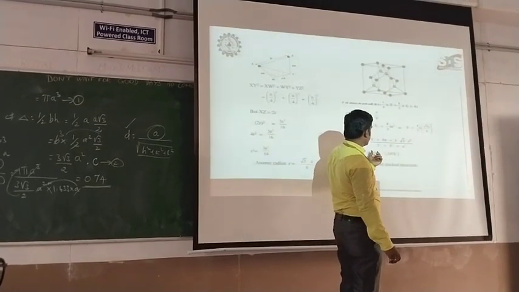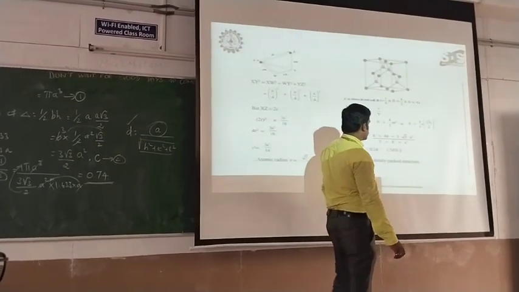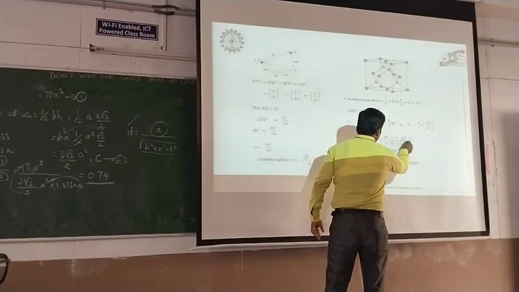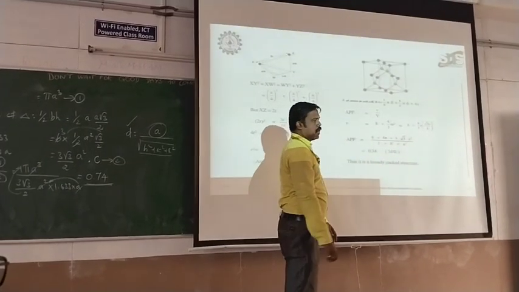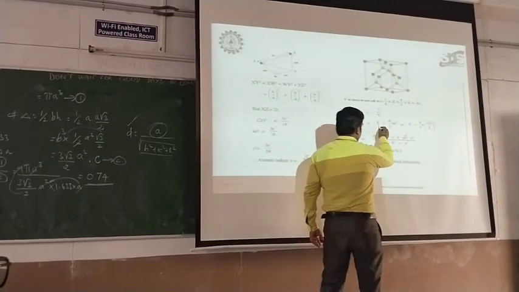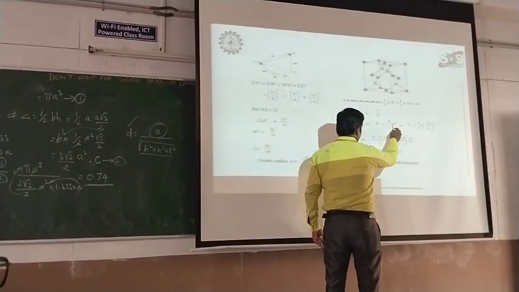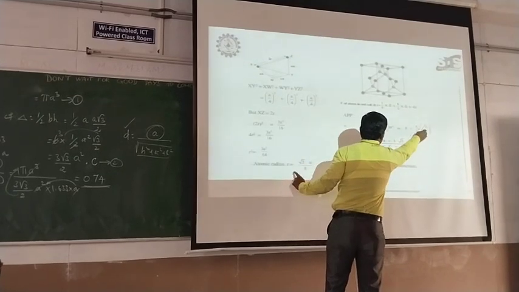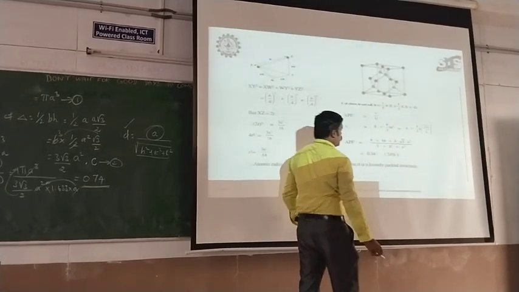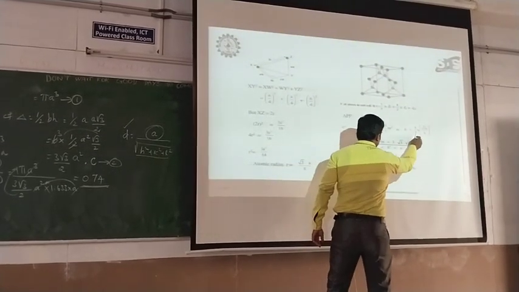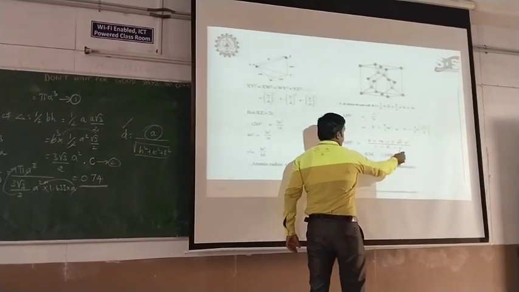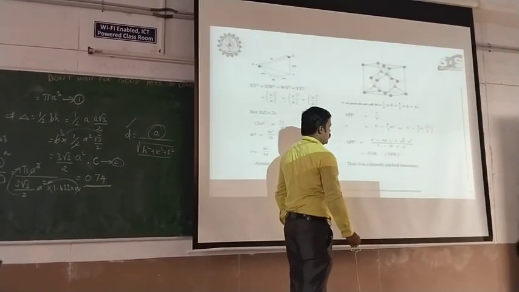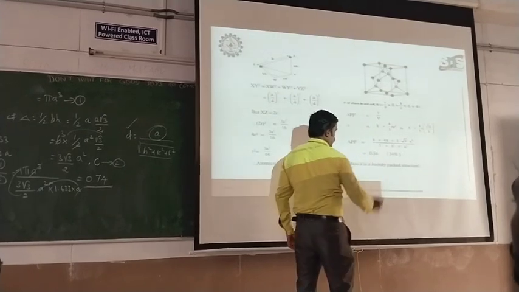So the denominator is the cubical structure formation, that means A cube. The numerator is 8 times 4 by 3 pi R cubed, where R is root 3 A divided by 8, to the cube. So the 3 and 8 cube are formed in the denominator. So the final answer we get is what?